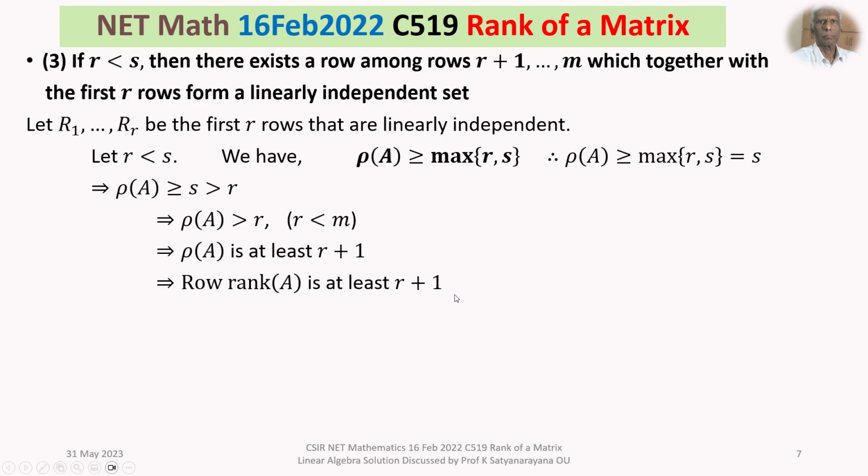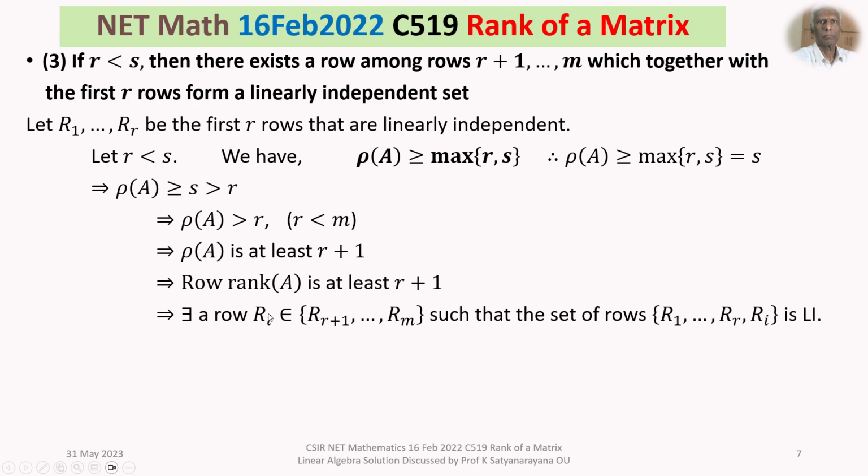Besides the first r rows, which are linearly independent, we are going to get one more row which is linearly independent with the first r rows. So this means there exists a row, say Ri, in the remaining rows, that is the set consisting of R r plus 1, R r plus 2, up to Rm, such that the set of rows consisting of the first r rows and this row Ri is linearly independent. So this shows that option 3 is true.